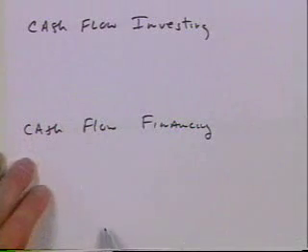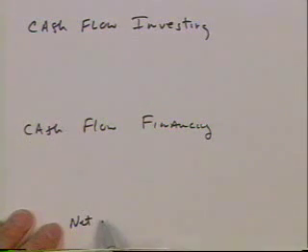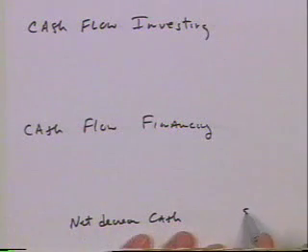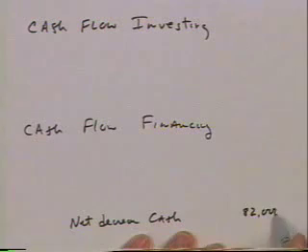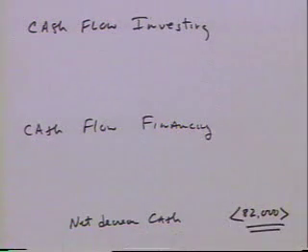So in our statement down here, this is a net decrease in cash and a net decrease of $82,000. And I'm going to bracket that, and so that's the number we need to tie into, right? So our process now, let's review our process.